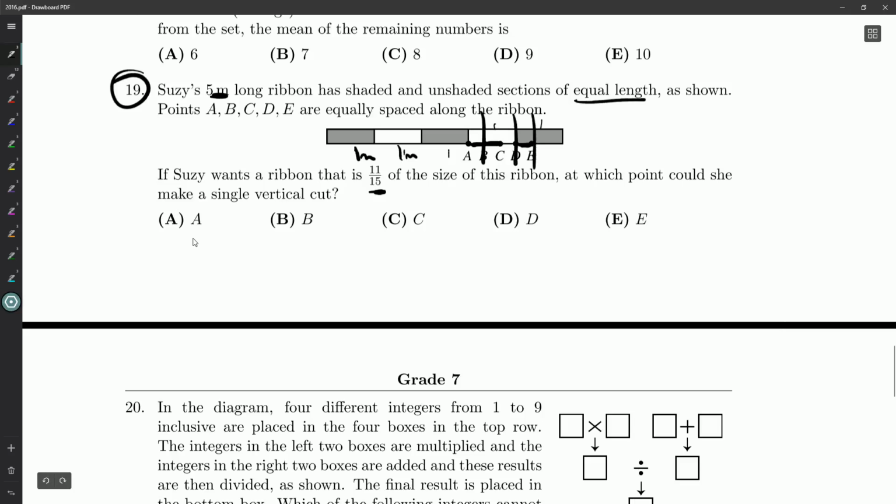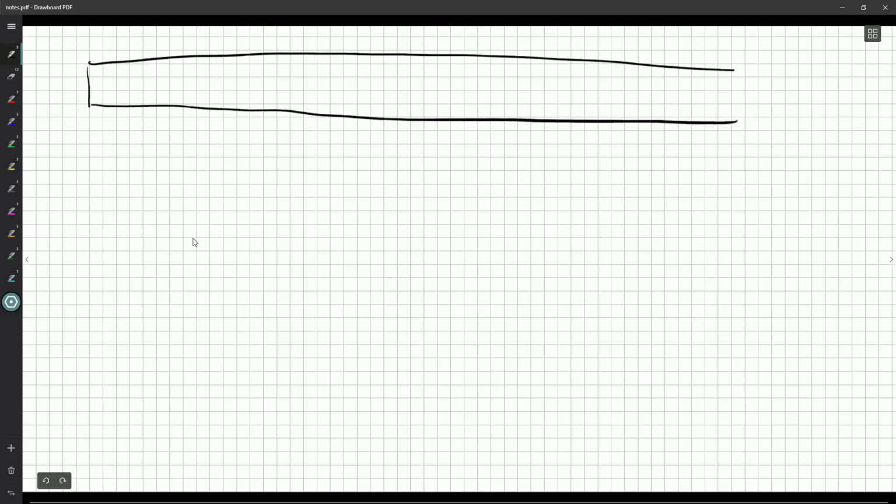Well, I really need to understand the spacing behind this ribbon. Now, if we imagine this ribbon, draw a big version here, and I cut it into fifths, so I need 1, 2, 3, 4 cuts. That's close enough.